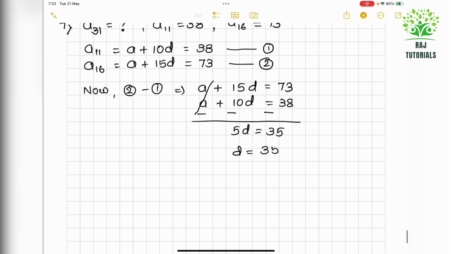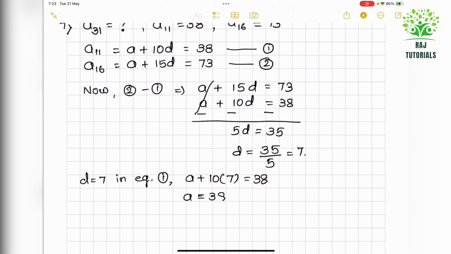So D will be 35 by 5, which is equal to 7. So now we got D. Now putting this D equal to 7 in equation 1. A plus 10 into 7 will be 38. A equal to 38 minus 70.